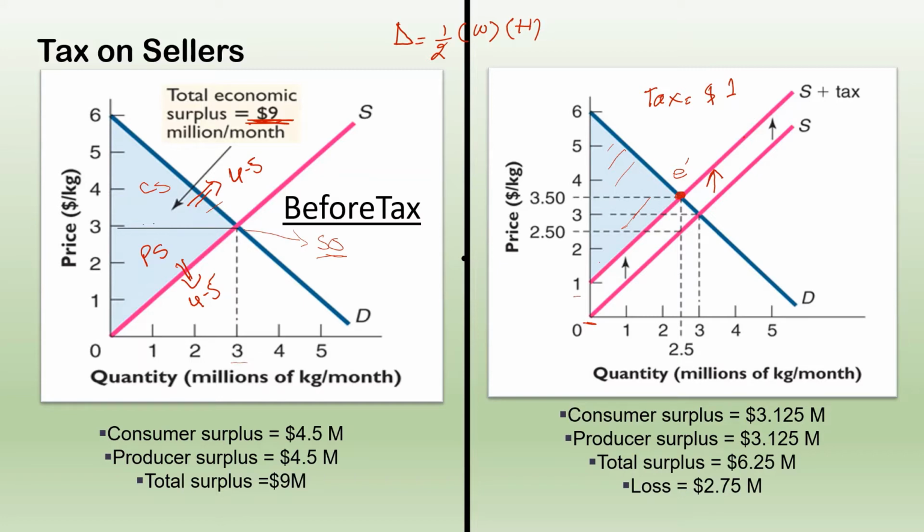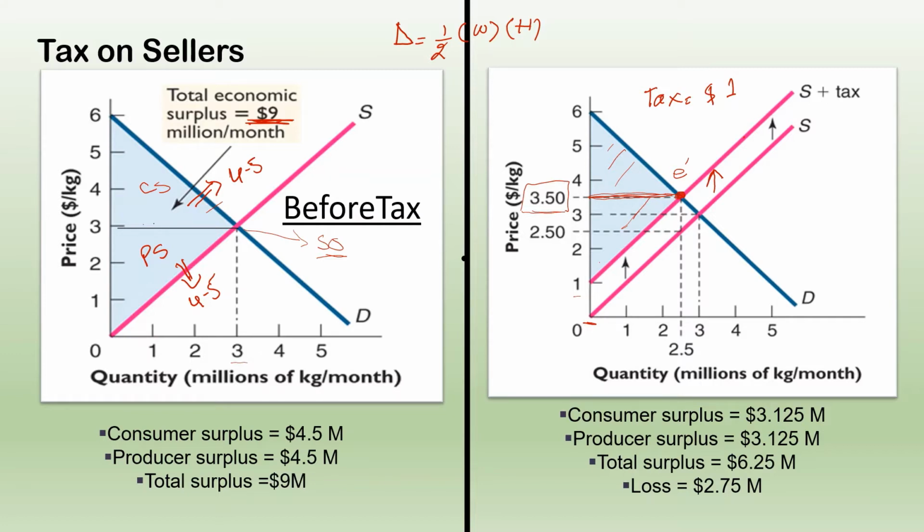And if we want to calculate the producer and consumer surplus, then this time you can see that the price after tax is 3.5, which the buyer is actually paying in order to buy 1 kilogram of good, and this is the price which the seller is receiving, but actually the seller has to pay $1 from this price of 3.5.